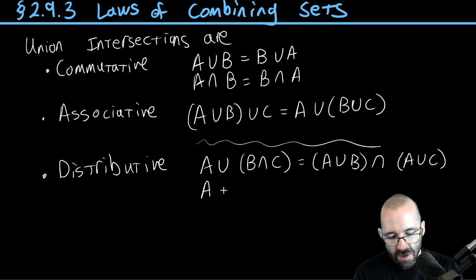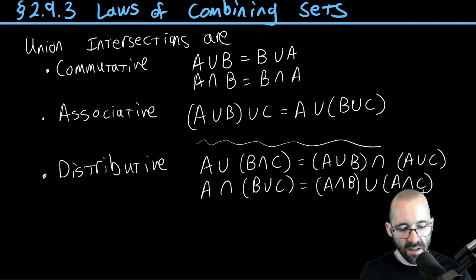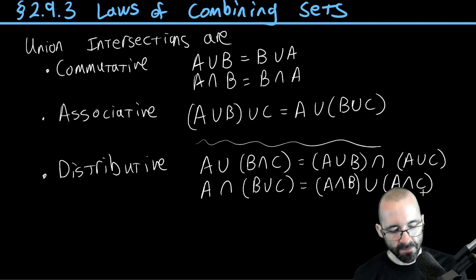And it's also true in the other direction as well. The intersection of A and B union C is the intersection of A and B union the intersection of A and C. Okay. So these are the three properties.